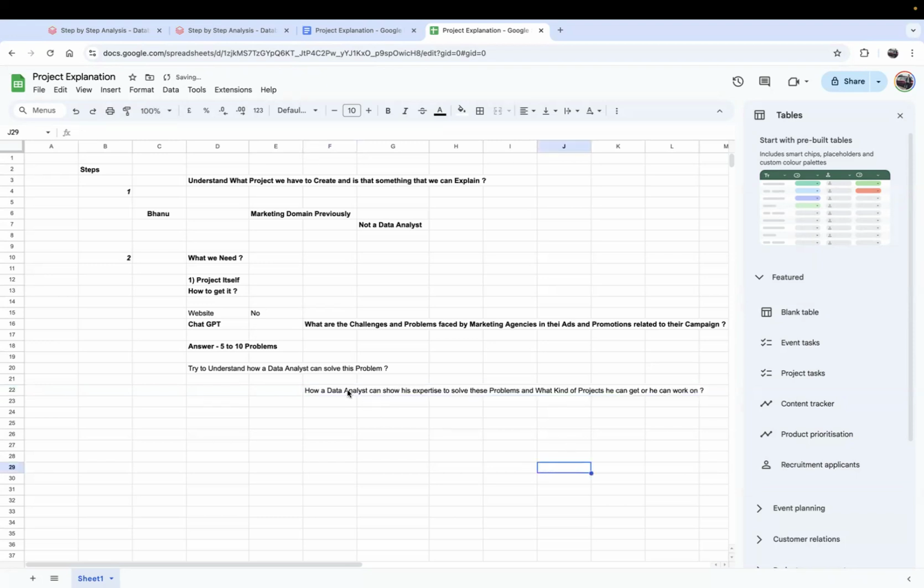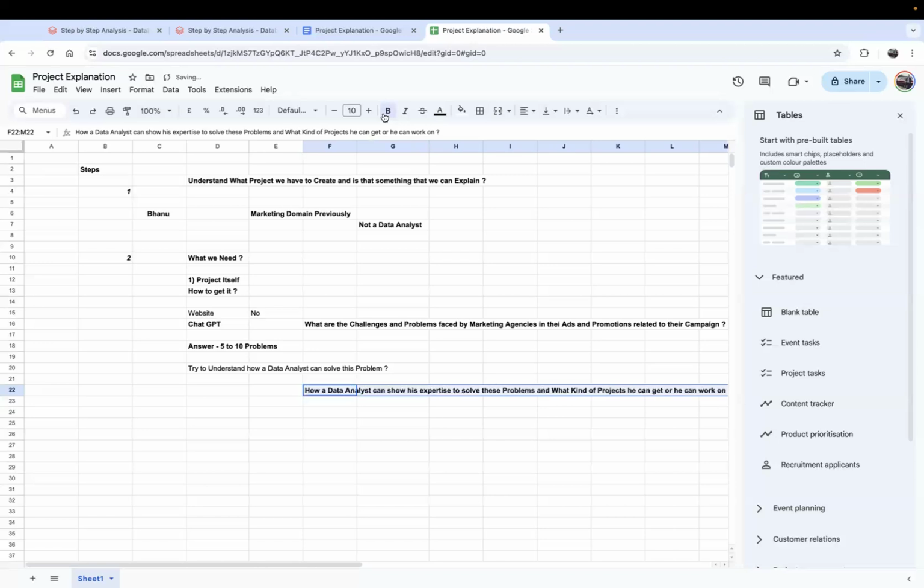This is question two. Ask ChatGPT that the problems you have given me are okay, but how can a data analyst solve these problems, and what kind of projects can an analyst work on with these problems?